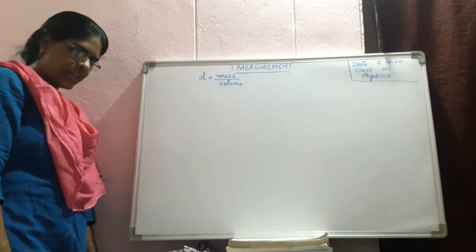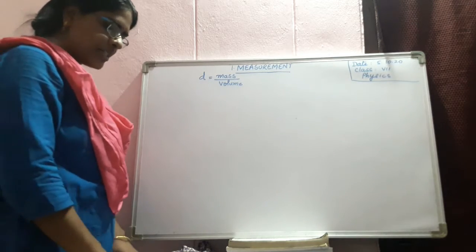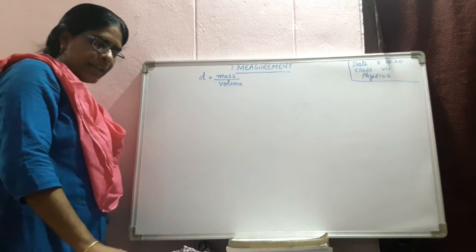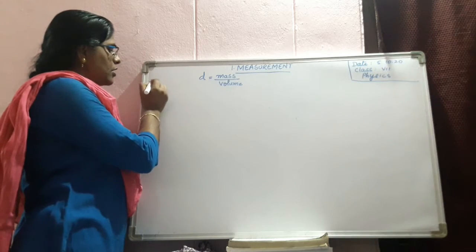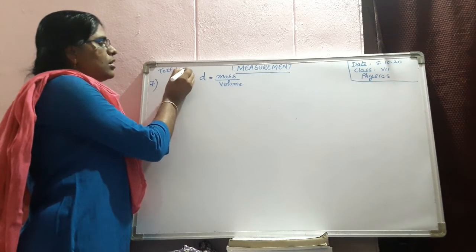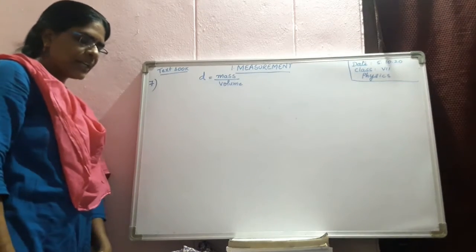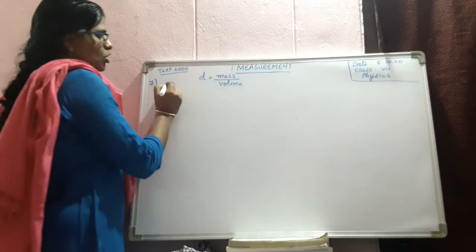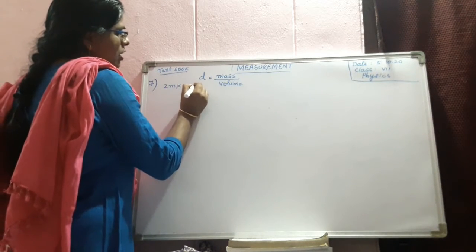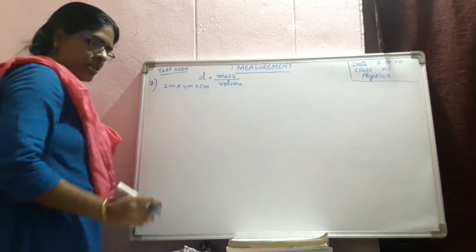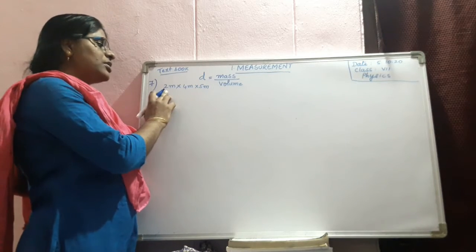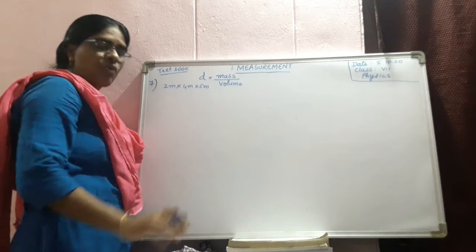Look at page number 28, the seventh problem in your textbook. A water tank measures 2 meters into 4 meters into 5 meters.